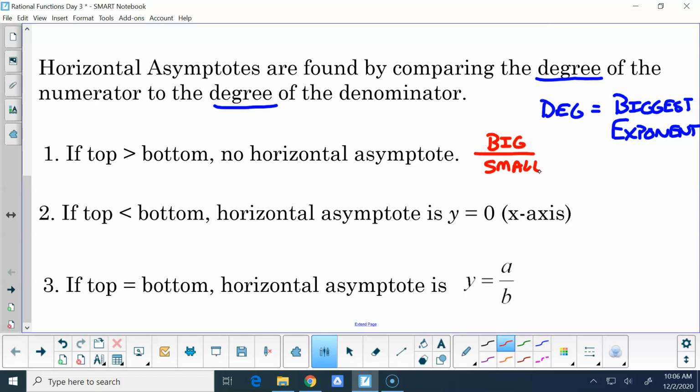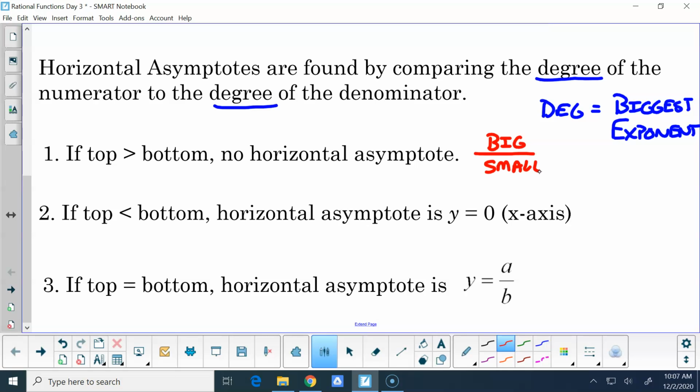If the numerator's degree is bigger than the denominator's degree, then there's none.